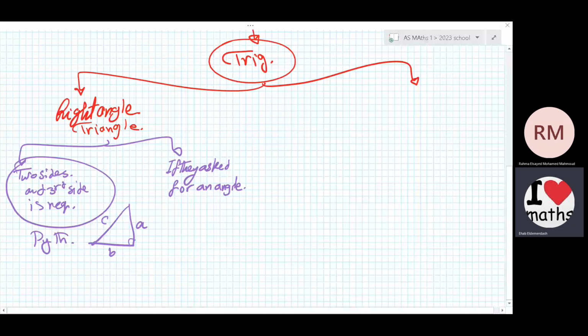Are you with me, guys? The meaning of using an angle means it is given or required. They give you an angle or they request an angle. Agreed? If they gave it to you or they requested it from you, whatever happens.